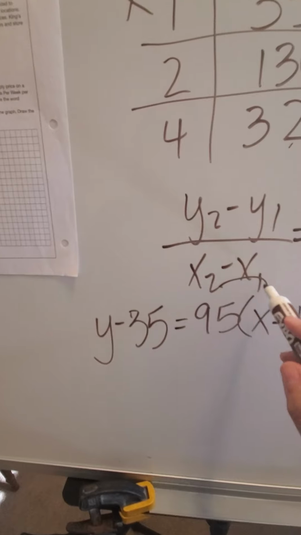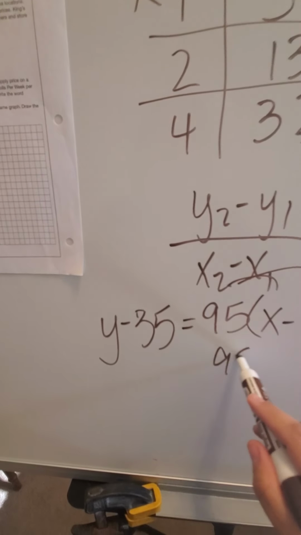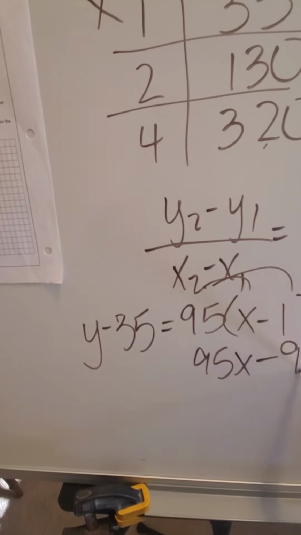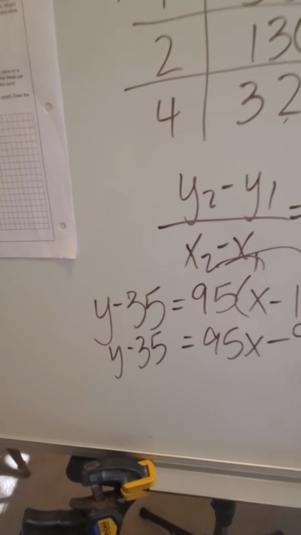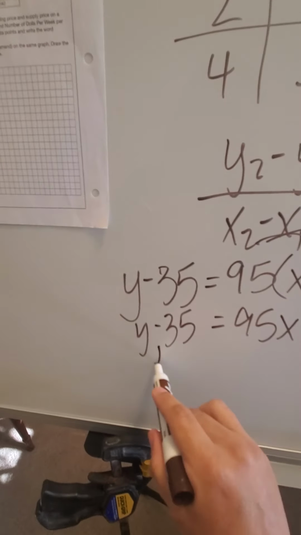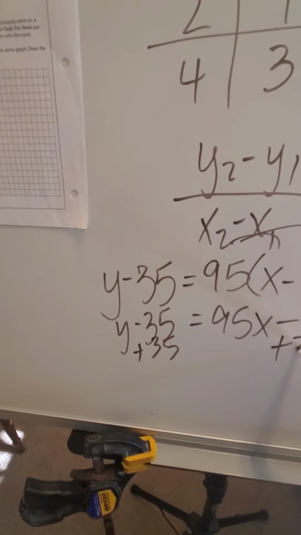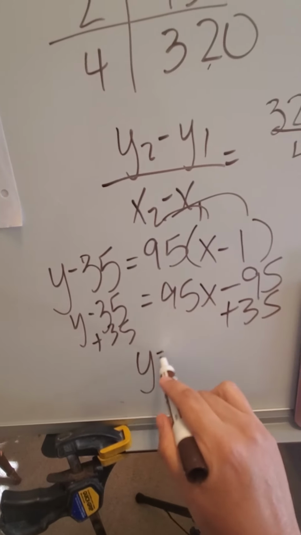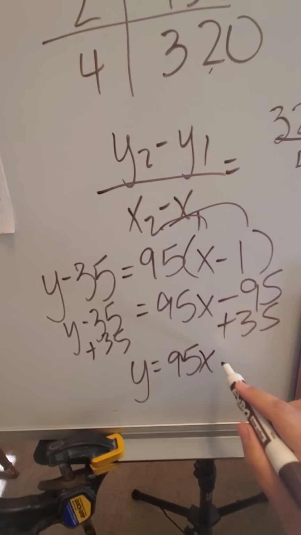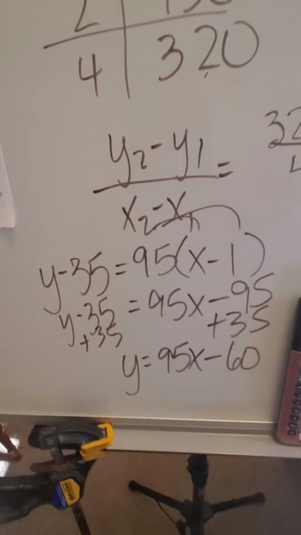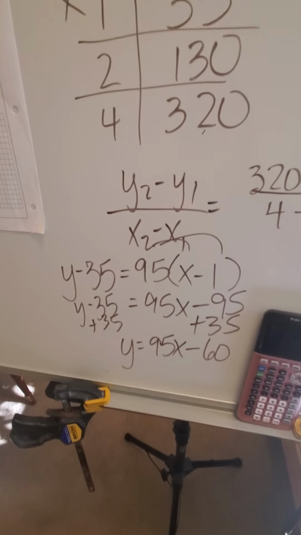Okay, then I can distribute. So 95x minus 95 equals y minus 35. And then I can add 35 to the other side. And all that work, 95x, and that would give me negative 60. That would be my supply equation, okay?